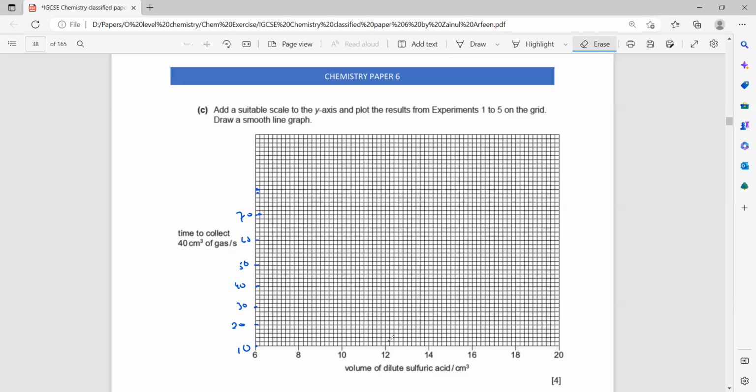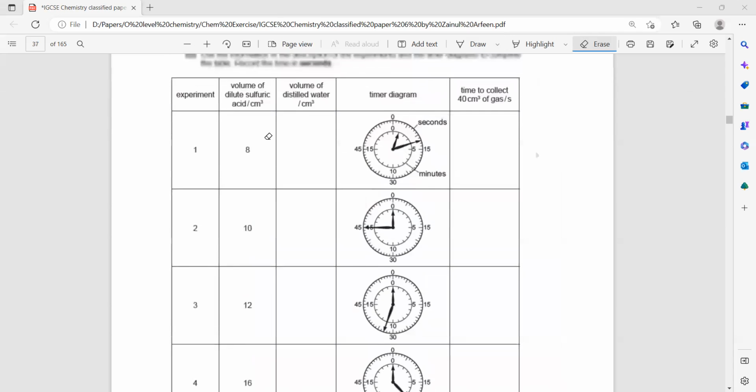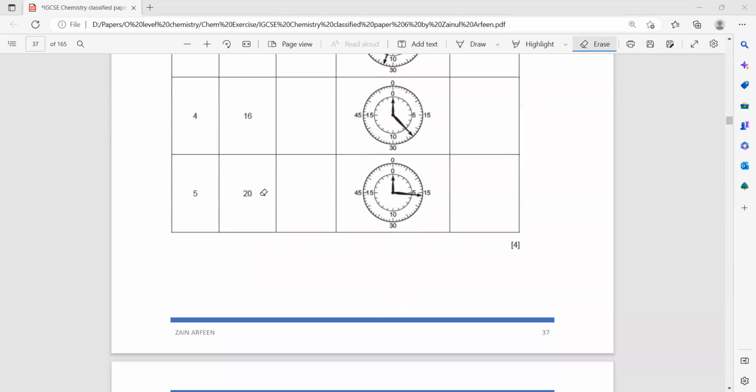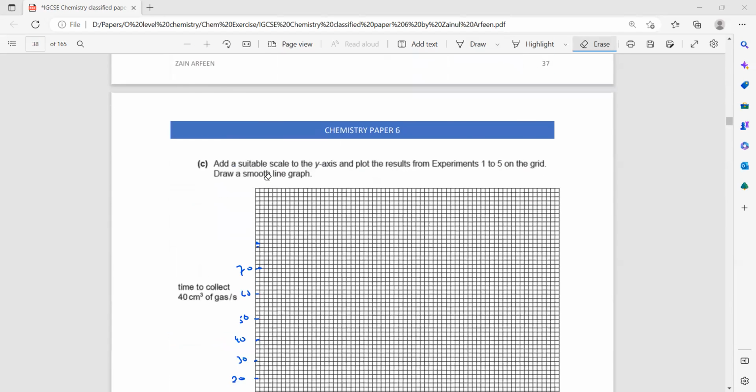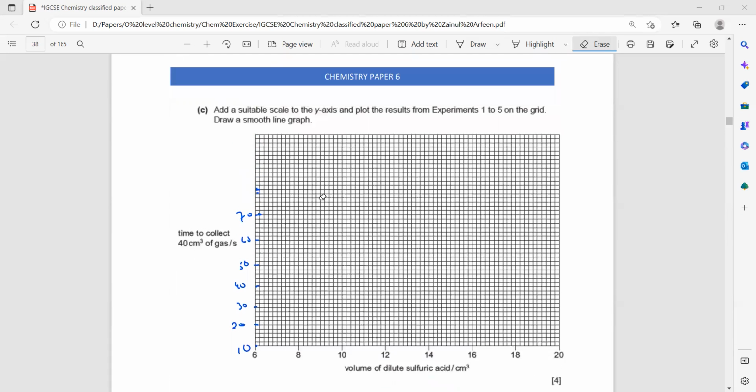Take 10 cm cube per second on the y-axis per 10 blocks. You can increase the scale as well. This one is the volume of 8, 10, 12, 16. So at 8, the first experiment, it was 72.